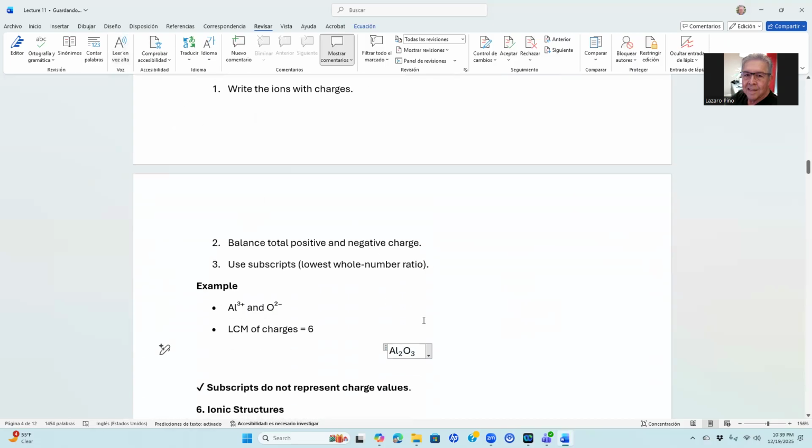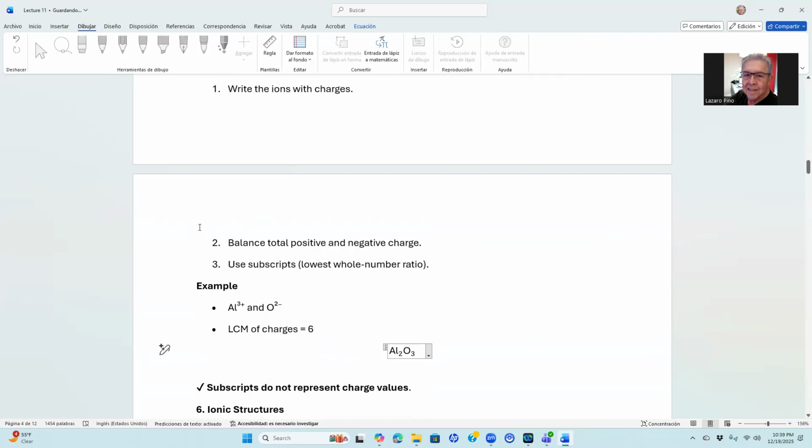Okay, then in this case, let me show you because here it is not very well explained. Aluminum has +3, while oxygen has -2.